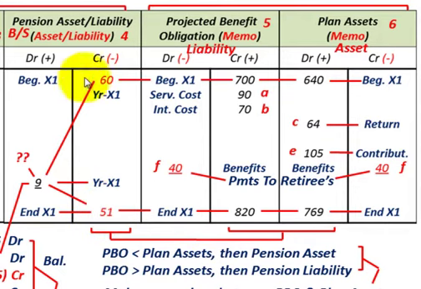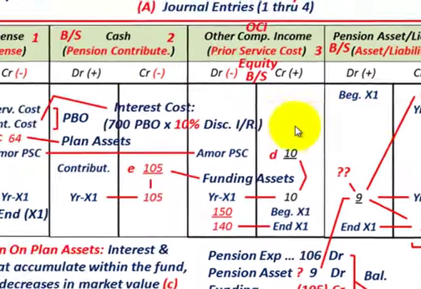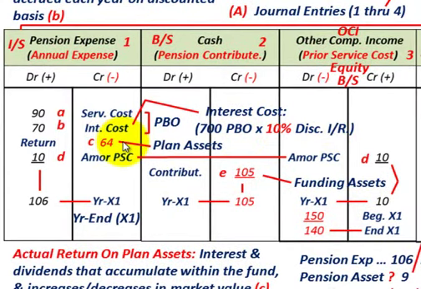So you see how important this pension asset liability account is. It works in conjunction with our pension expense. Whatever's sitting in our pension expense, we look at the end of the year. In this case, we had $106,000. Our cash account, year end, we had a reduction, a credit of $105,000. And then our other comprehensive income, which is part of equity on our balance sheet, we were sitting at $10,000.